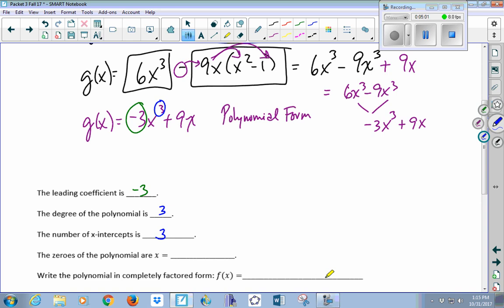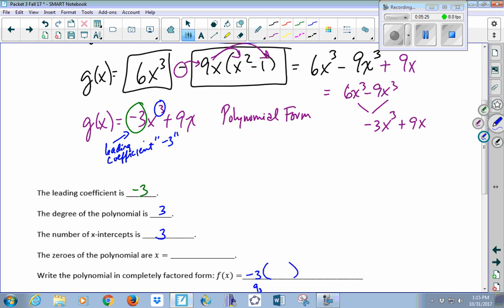Remember, it's really critical that whatever your leading coefficient is in the polynomial form, which is here, the -3, will also be the leading coefficient down here. So you can already write the polynomial in completely factored form by writing a sub 3, which is your leading coefficient here.